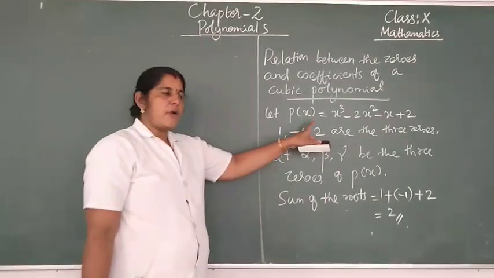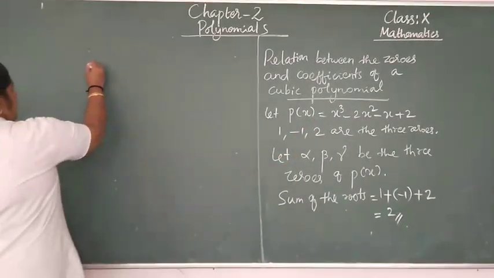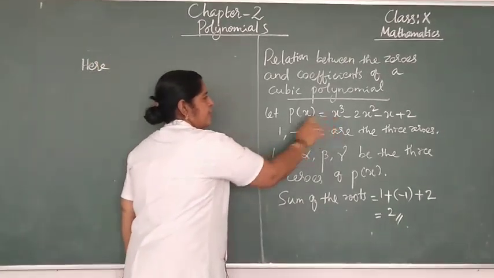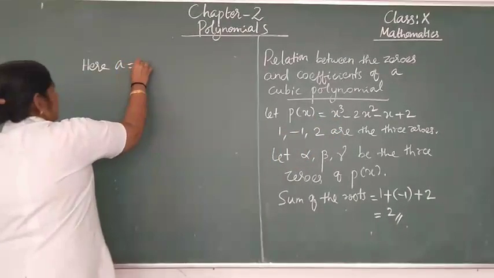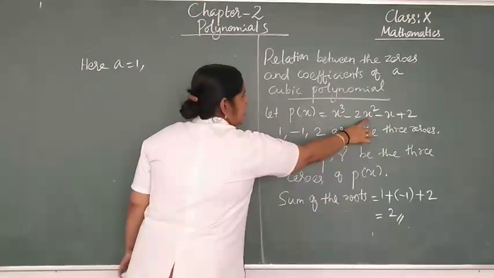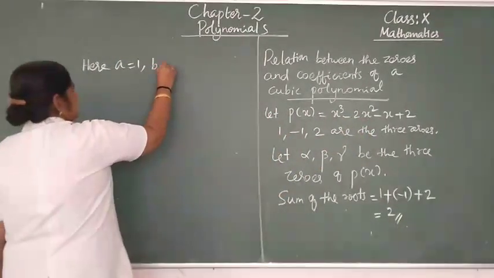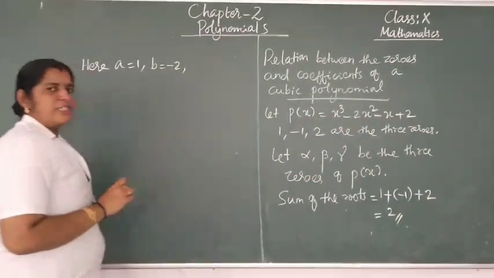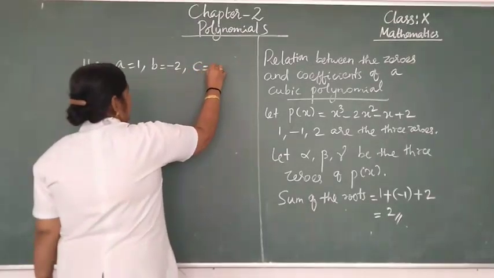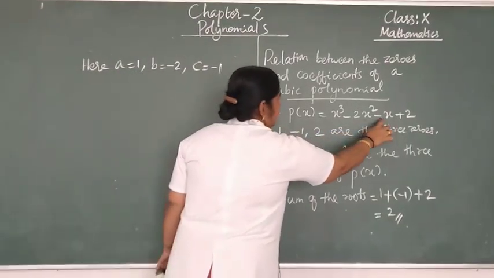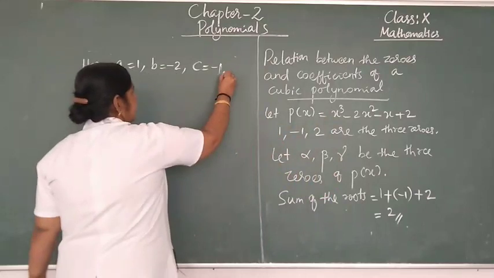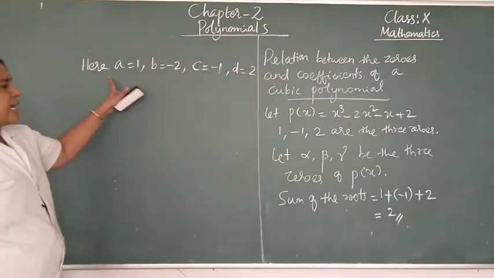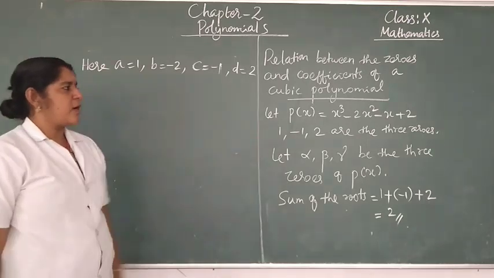Now from the polynomial, the value of a, that is coefficient of x cube, is 1, b, coefficient of x square, is minus 2, c, coefficient of x, is minus 1, and the last term is the constant, d equal to 2. So let us consider these coefficients of our polynomial.